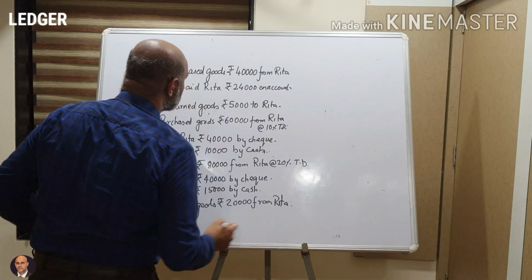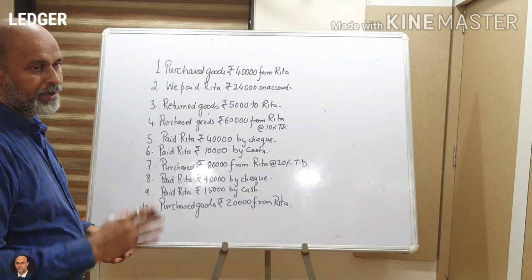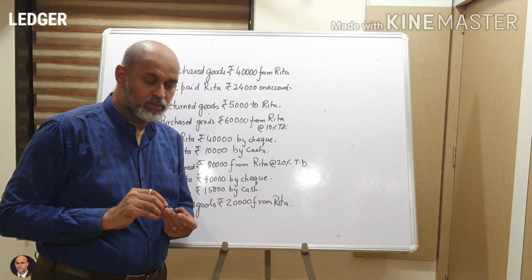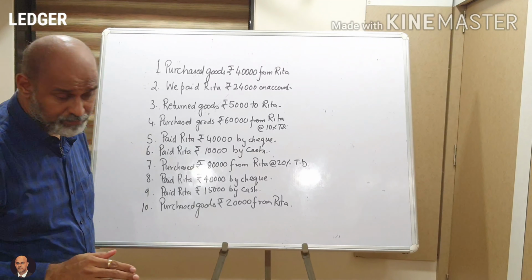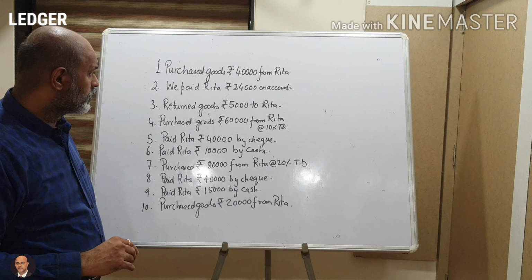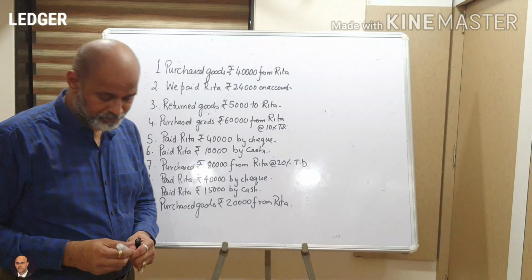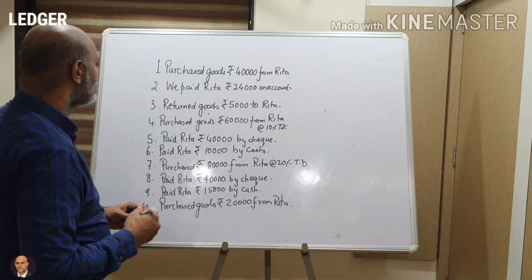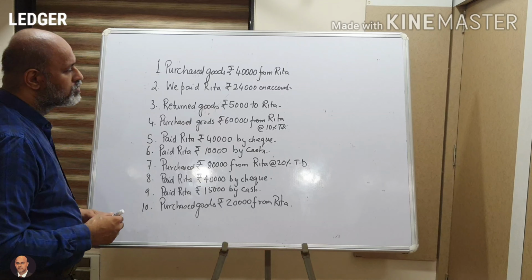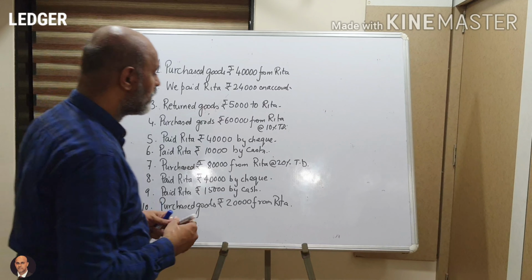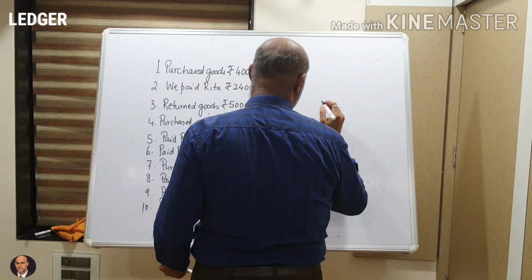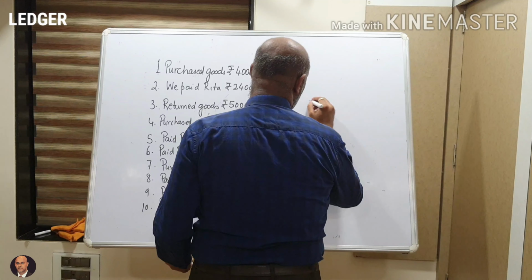Okay. So the person concerned here is Rita. Rita is a person who supplies us goods. Rita is a creditor, and we have to pay her. Fine. So let us understand what are the accounts which are involved. Of course, we have to prepare Rita's account, with debit and credit.